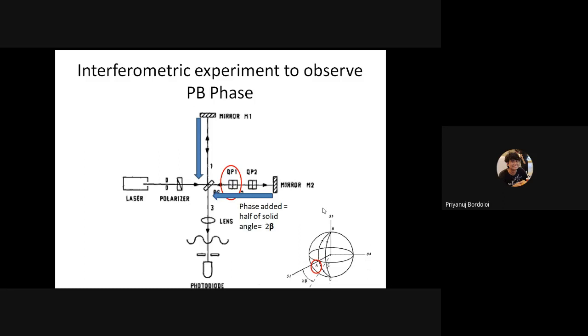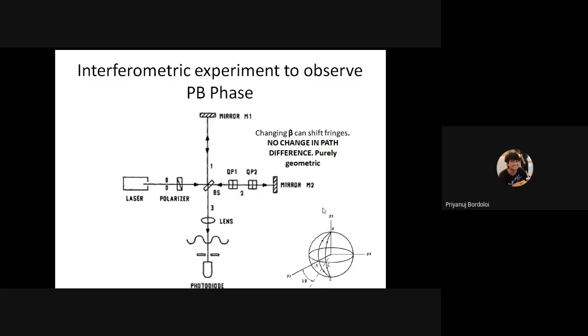And why is it twice beta? Because light passes through the second quarter wave plate twice, and each time it passes through, e to the power of i beta gets added to the wave. So because it passes twice, you get e to the power of minus twice i beta. So that's why you have a twice beta added phase with respect to the light that's coming from mirror one. That itself will manifest as a phase difference between the two paths.